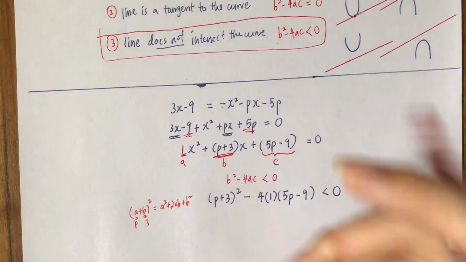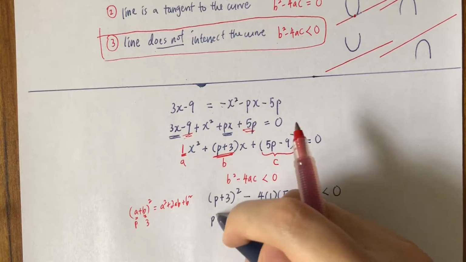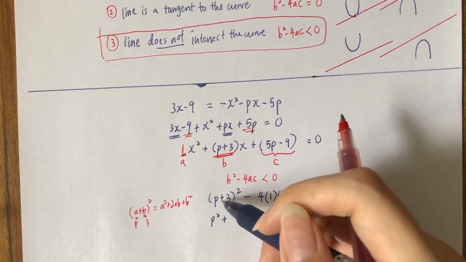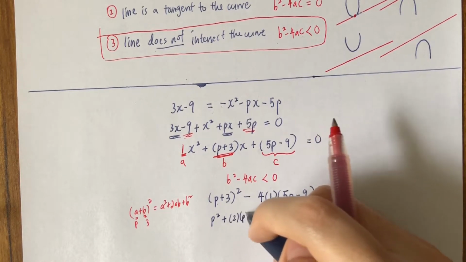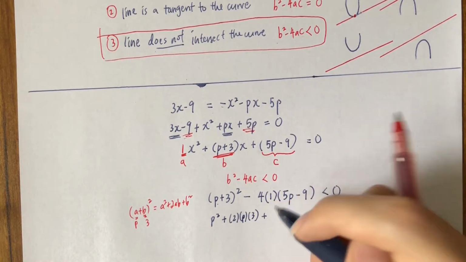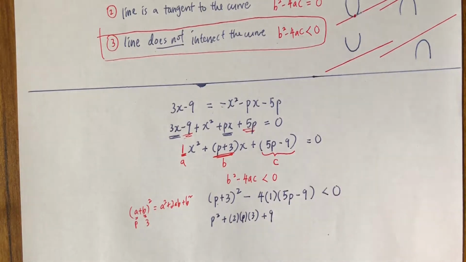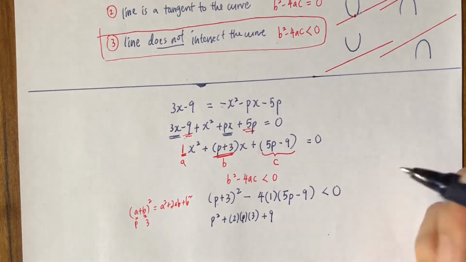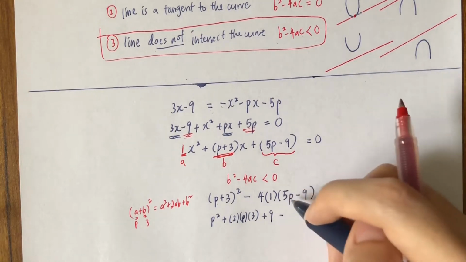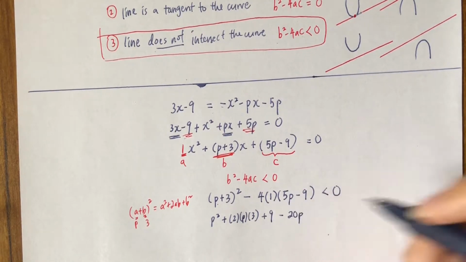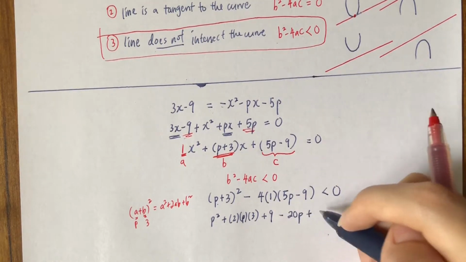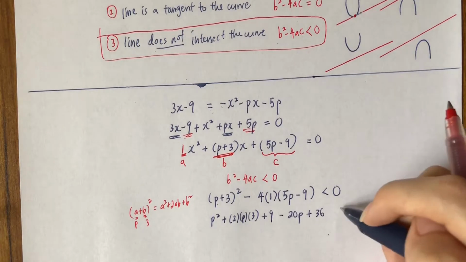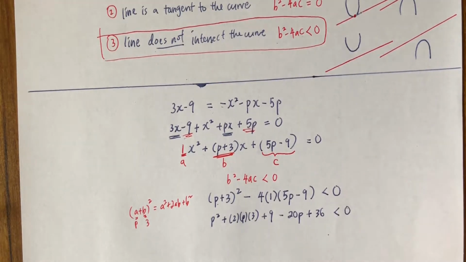So after expanding, p square plus 2 times p times 3, plus b square, which is 3 square, and that gives us 3 times 3, 9. Minus 4 times 5p, so that's minus 20p. Minus 4 times negative 9 will give a positive 36. And don't forget, all these is lesser than 0.